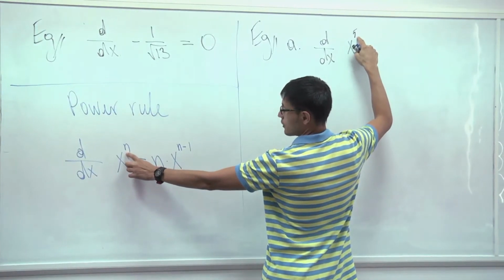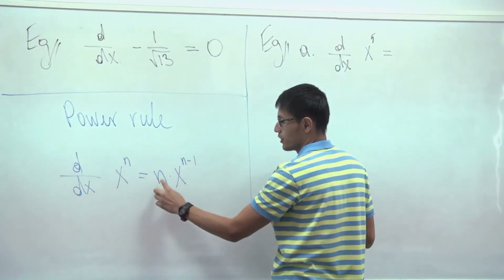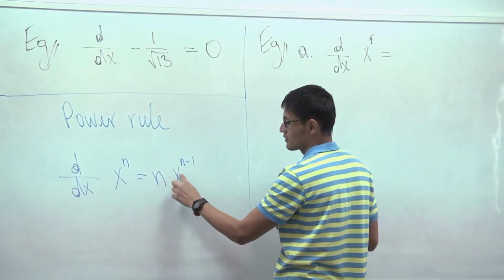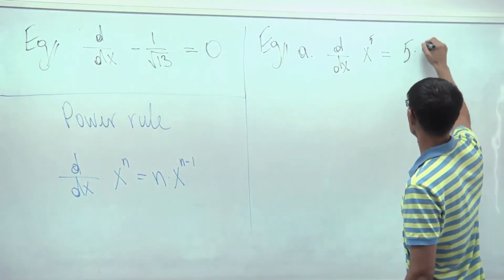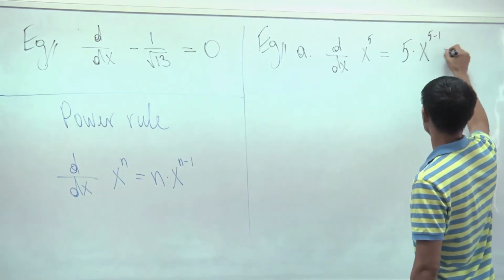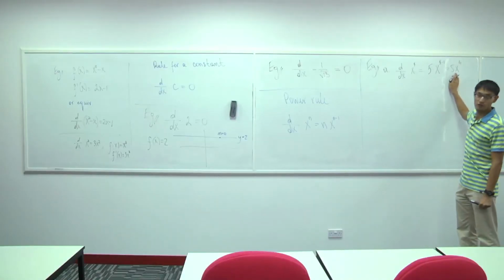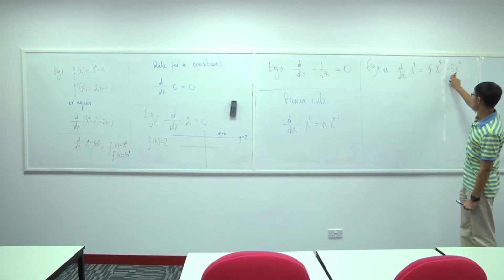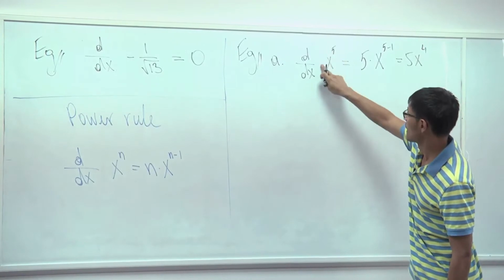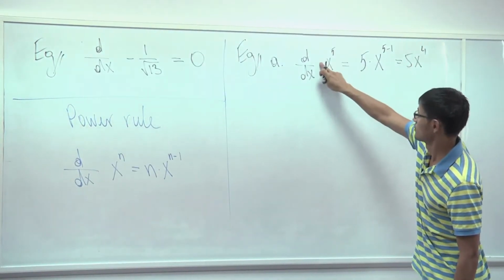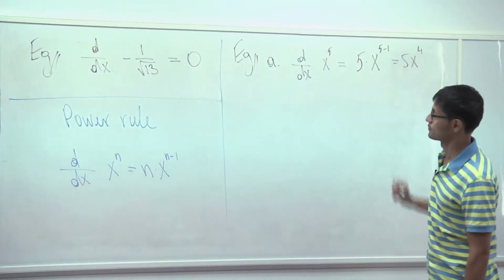So if n is equal to 5, the derivative will be 5 times x to the 5 minus 1. So you get 5x to the 4. This is the derivative. Or sometimes maybe it's easier to think of this 5 kind of coming down. So it comes down, becomes a constant. And then you just subtract 1 from the top. So you get 5x to the 4th.